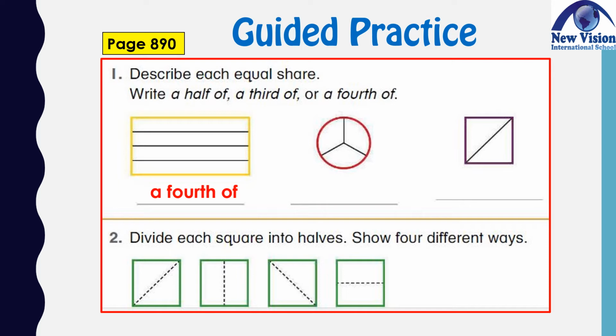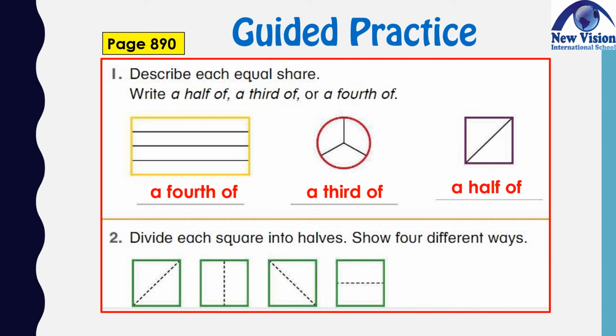In the second shape, it has 3 equal shares, so each share is a third of the circle. In the third shape, it has 2 equal shares, so each share is a half of the square.